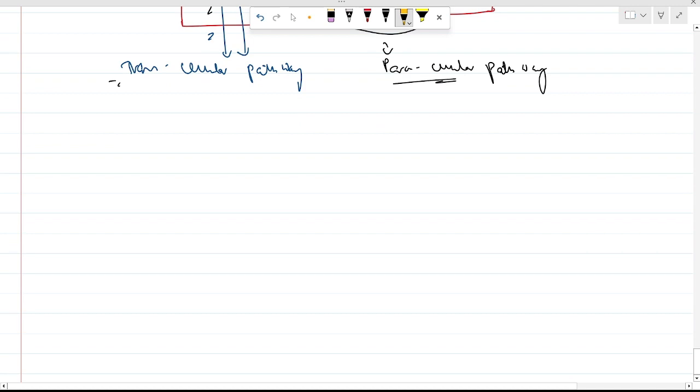We are going to see a clinical feature here. This protein called claudin 16.